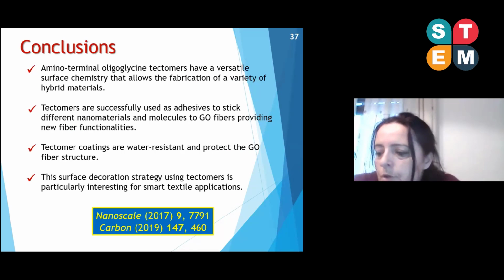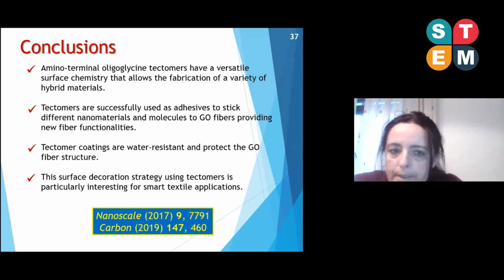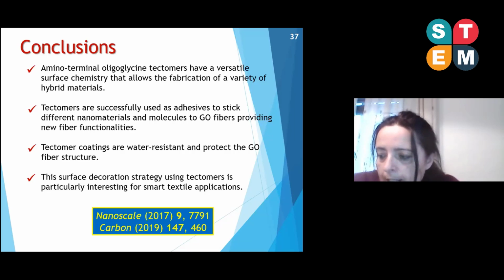The main conclusions of these studies are the following. Amino-terminal oligoglycine Tectomers have a versatile surface chemistry that allows the fabrication of a variety of hybrid materials. Tectomers are successfully used as adhesives to stick different nanomaterials and molecules to GO fibers, providing new fiber functionalities.